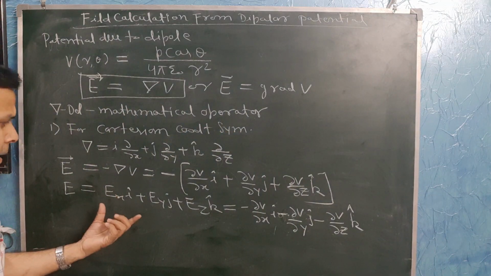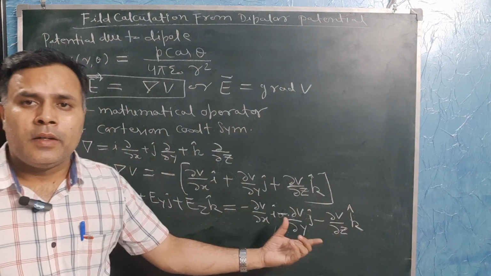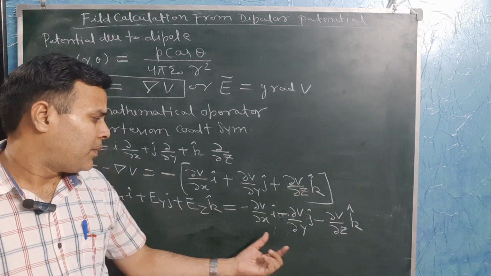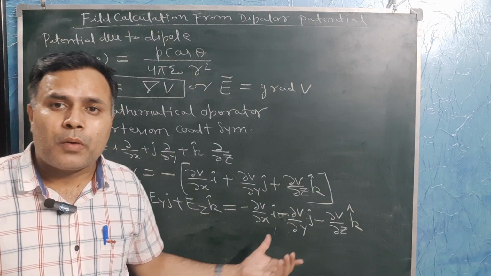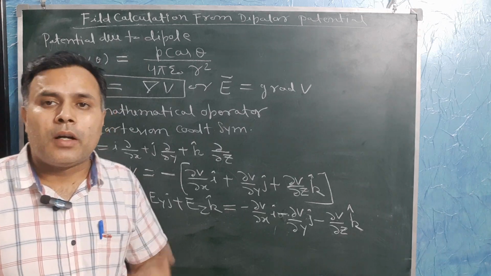Okay, so this is the expression of electric field in Cartesian coordinate system, which tells us a lot about the calculation of field components.